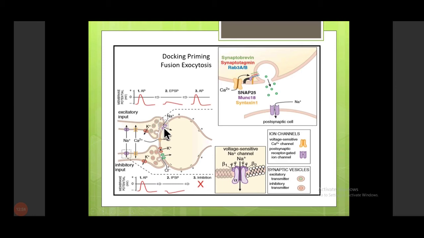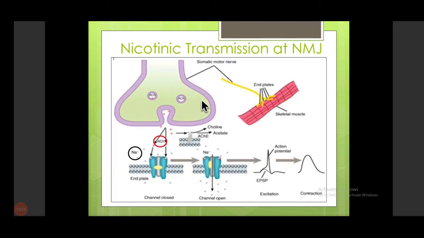The chloride inflow would occur, and there is hyperpolarization of the next membrane or the next neuron. So the accumulation of the excitatory input and the inhibitory input determines whether the next neuron would be excited or inhibited. That is how it determines the transmission of impulse.